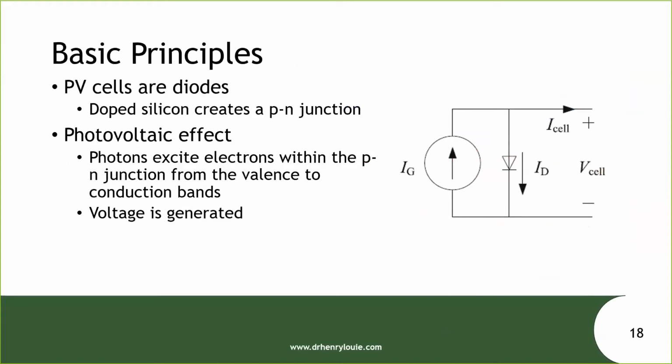And if you have an external circuit connected to it, they have a place to go. So a basic ideal model of a PV cell is shown on the right. It's simply a current source which replicates the photon excited electrons in anti-parallel with the diode, and then we would connect the rest of the circuit to the right. So that's what it looks like.